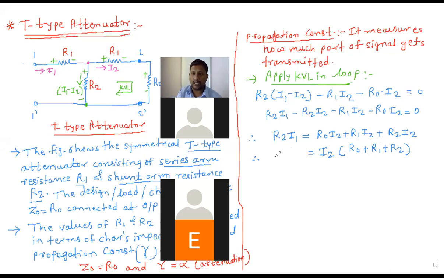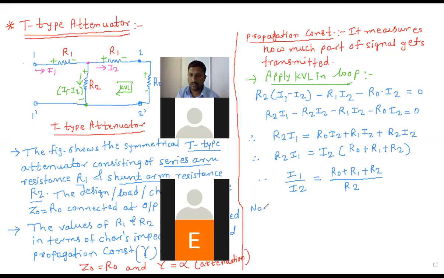Now R2 into I1 is there in the left hand side. So I want I1 divided by I2 is equal to R0 plus R1 plus R2 as it is in the numerator. This R2 goes to the denominator. So I1 divided by I2 is equal to R0 plus R1 plus R2 divided by R2.